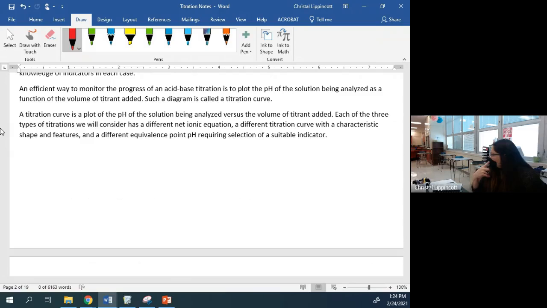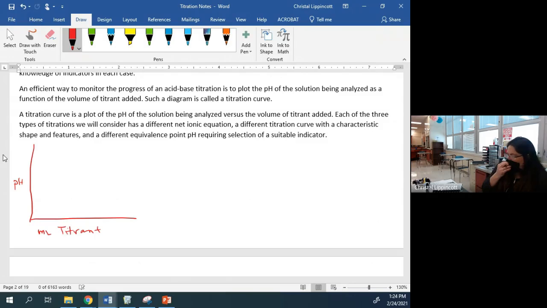So, I just want to make sure. The x-axis is whatever's in the long burette that we're slowly putting into the glass. Yep. This is your titrant, T-I-T, and it's milliliters of that. And then your pH is along the side. Okay.